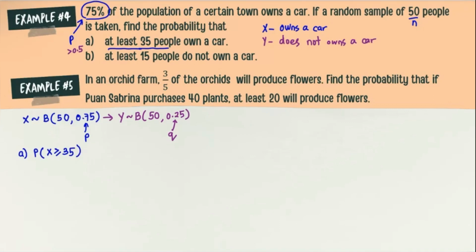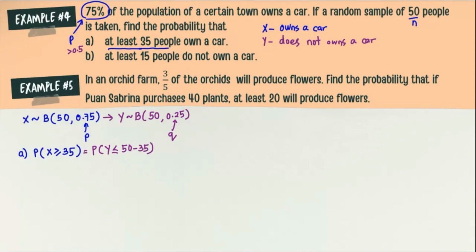We write X first because in the starting question we used X as owns a car. To answer using Y's distribution, we change X to Y where P of Y is less than or equal to 50 minus 35.